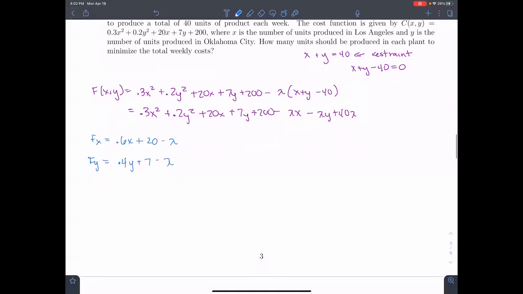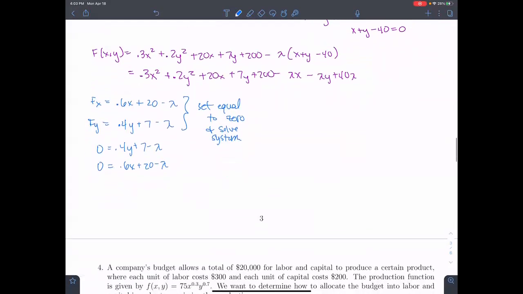All right, and then I need them to both be equal to 0 and solve the system. So we're going to have 0 equals 0.4y plus 7 minus lambda, and 0 equals 0.6x plus 20 minus lambda. So you can see that you would have lambda equals 0.4y plus 7, and lambda equals, so you can just do that and plug that in.